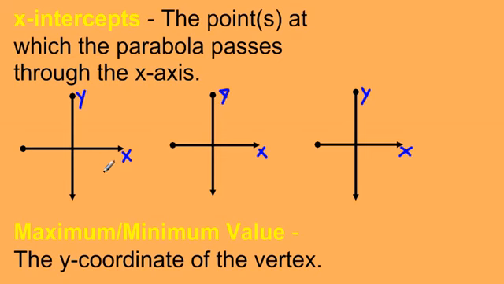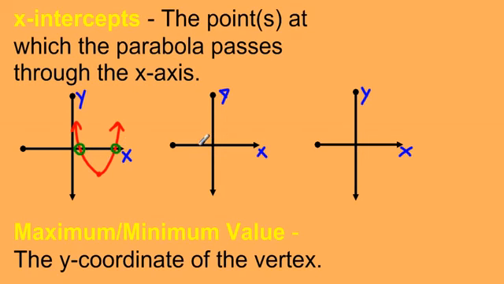If I had a parabola that starts down here and goes up, it is going to have two x-intercepts, one at this point and one at this point. That's where it crosses the x-axis.